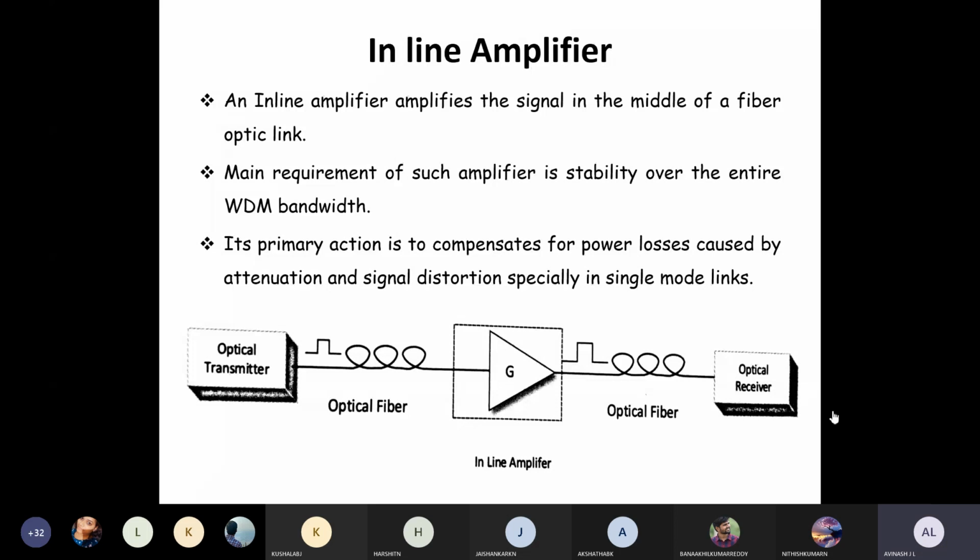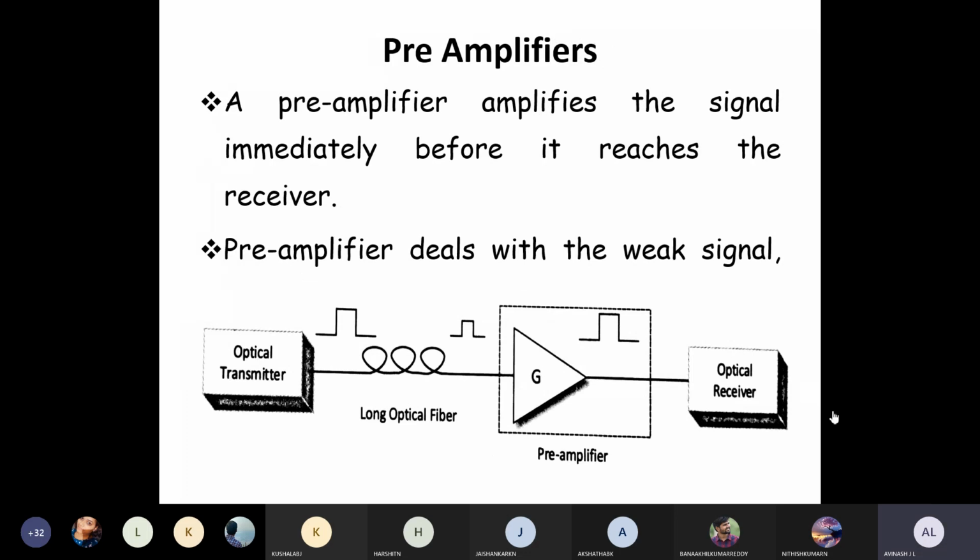Next, we can go for the preamplifier. Here pre means before.